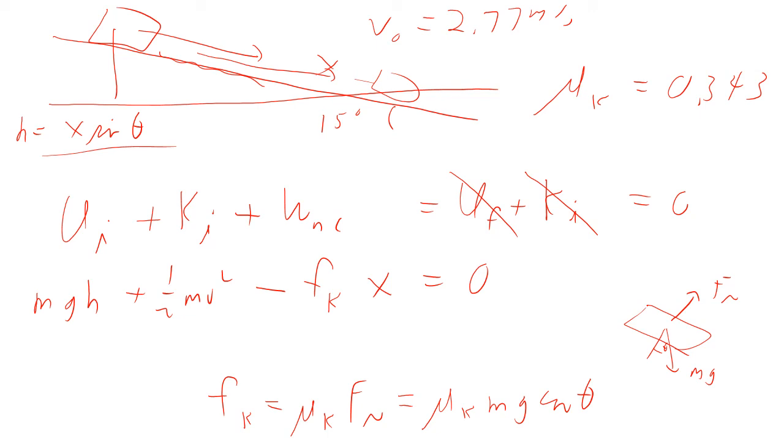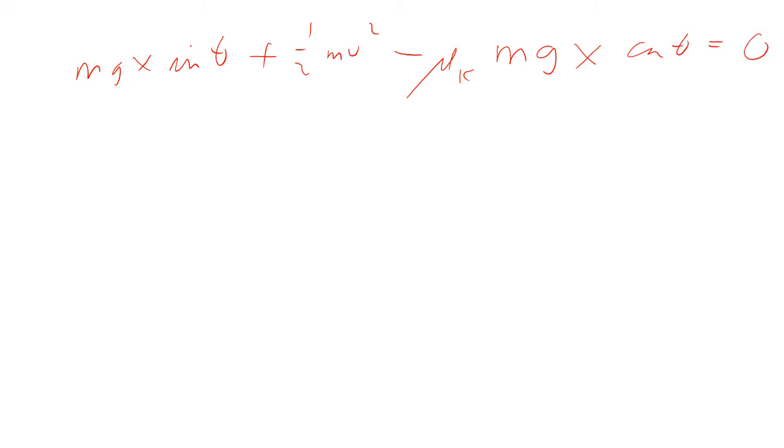So mgh, or mg times x sine theta, plus 1/2 mv squared minus mu sub k mg x cosine theta equals 0.